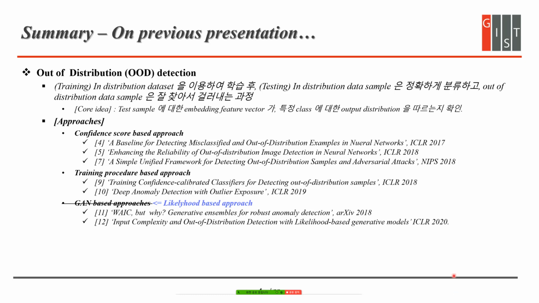So we can say that OOD detection means that we have a model trained on the in distribution dataset, and we have to classify the in distribution data samples exactly, and also detect the outlier samples from the trained model. The approaches can be categorized into three. First, the confidence score based approach.